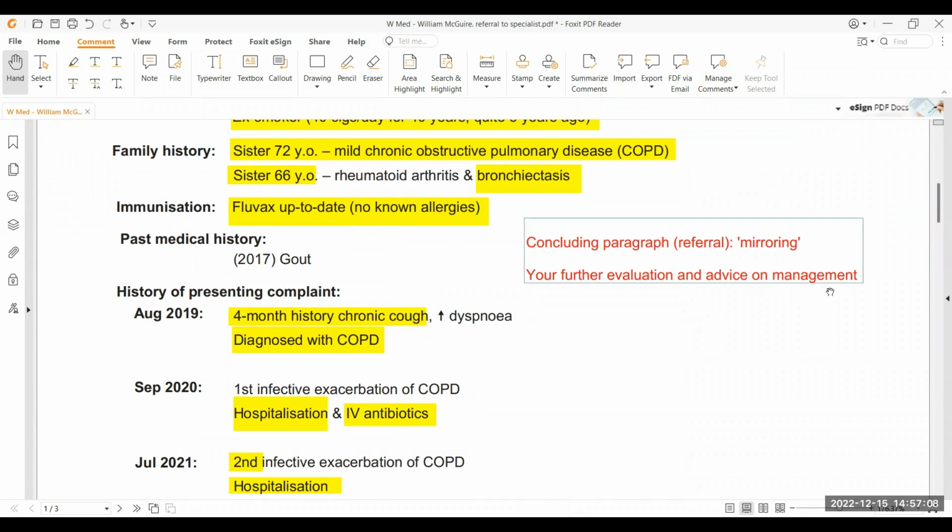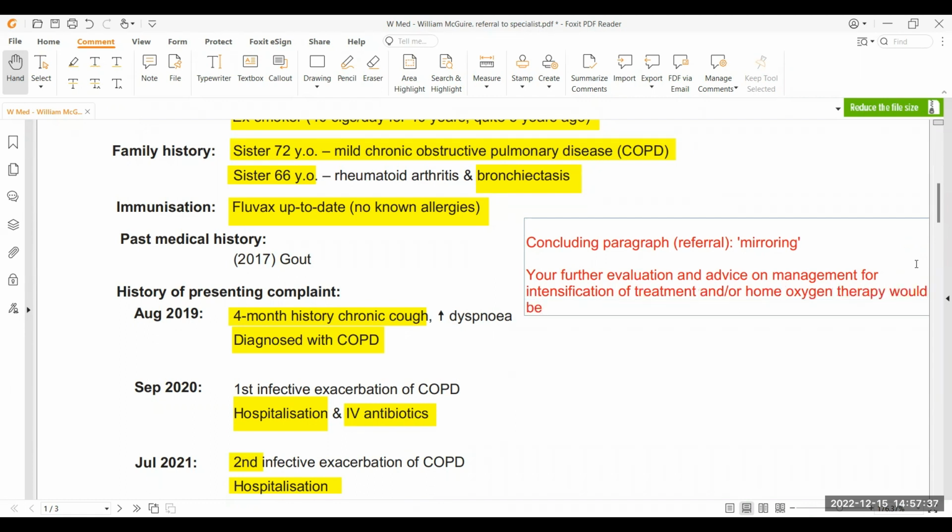Your further evaluation and advice on management for intensification of treatment and or home oxygen therapy would be highly appreciated.